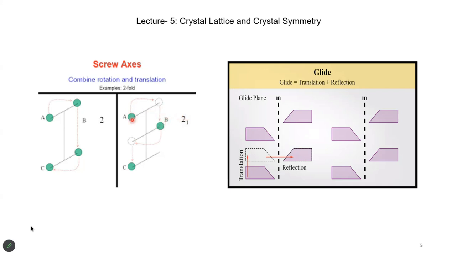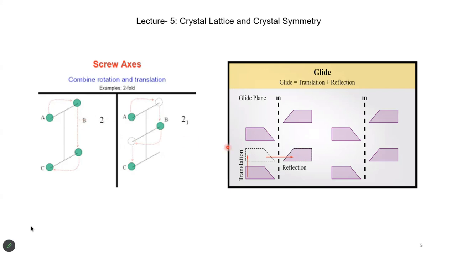So here, the same thing we did, and then we don't get the equivalent position after a rotation along the axis of rotation. After a translation along the axis of rotation, we do the same thing. No, not equivalent position. Rotation again, half the cell axis, and translation again, half the cell axis. We get this. So this is an example of two-fold screw axis, and this is an example of two-fold rotation axis.